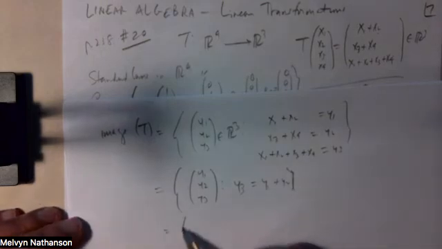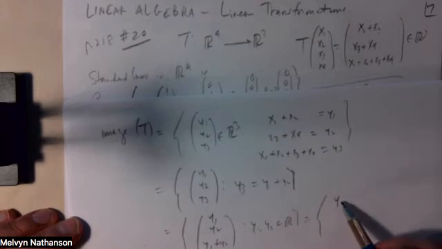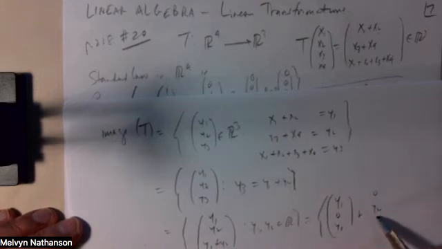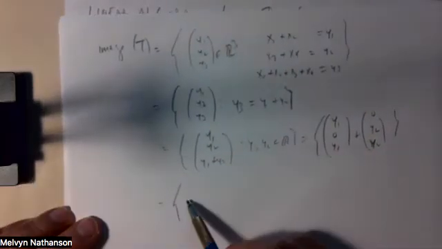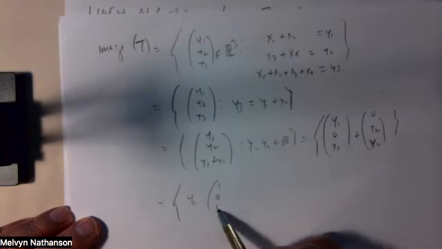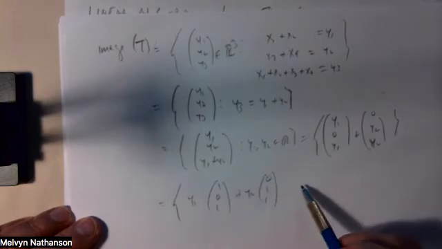So this is the set of all vectors y1, y2, and y3 is y1 plus y2. And I can write this as a sum of two vectors. This is y1, 0, y1 plus 0, y2, y2. So this is all linear combinations of the vector 1, 0, 1 and 0, 1, 1.